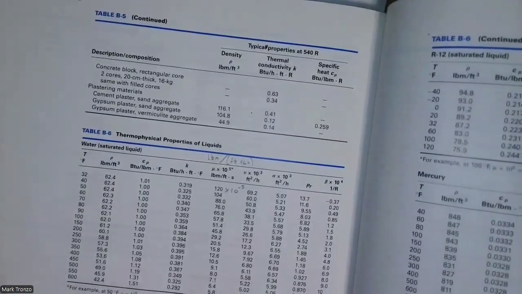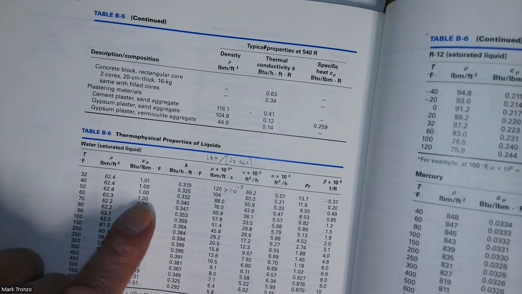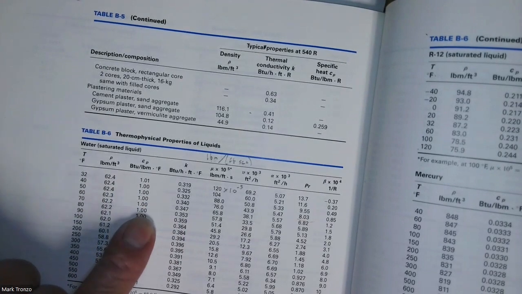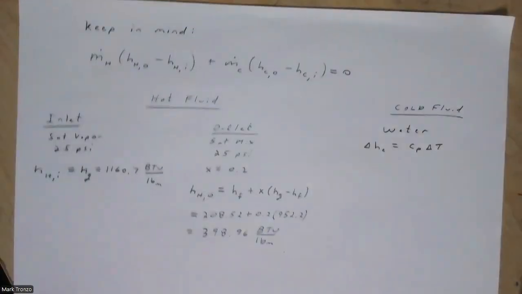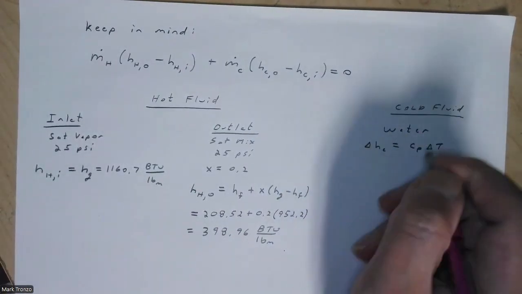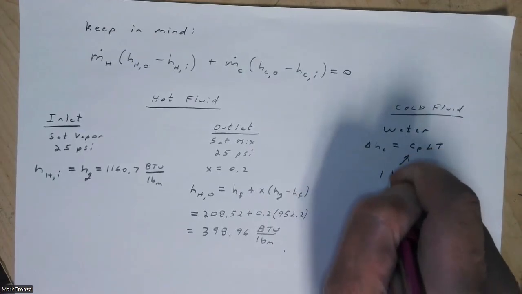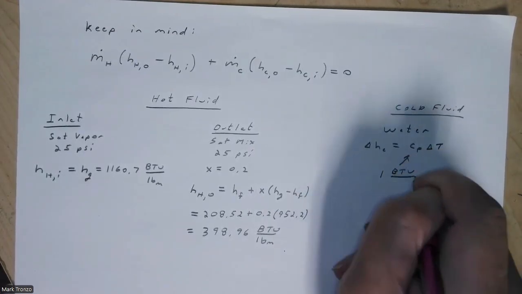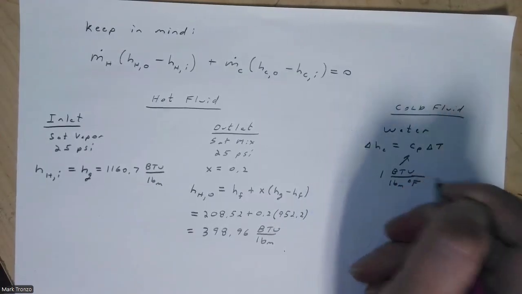If you look up around the temperatures we're dealing with, 60 to 70, CP is actually about 1 BTU per pound mass degree F.